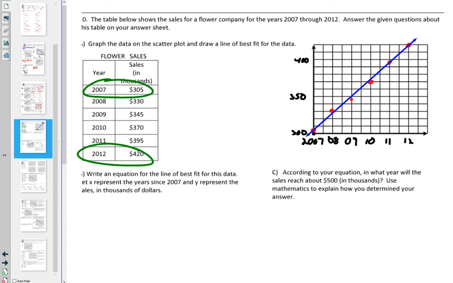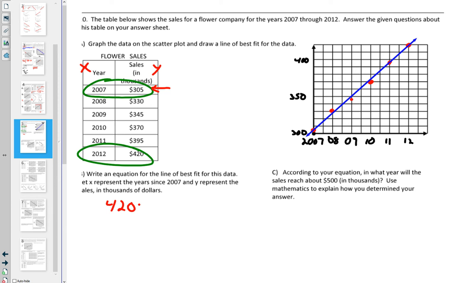Final answer. So I'm going to use that for the slope, and then I already know the y-intercept should be 305. But that's how many years passed since 2007. So this counts as the y, this counts as the x.